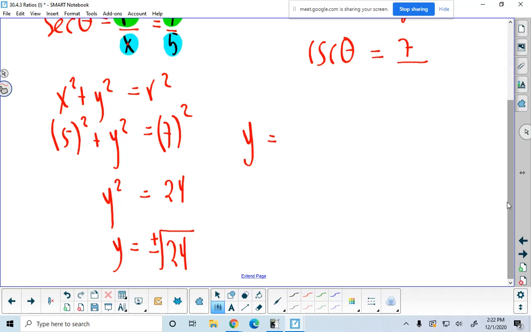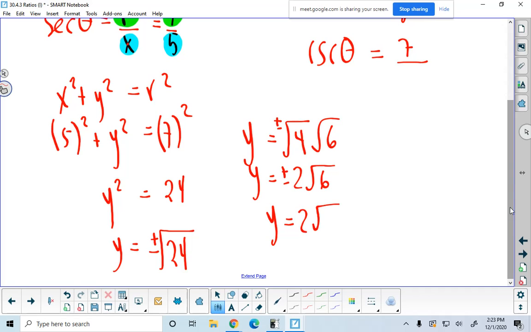So let's talk about that. Let's simplify root 24, by the way. 24 is 4 times 6, which means y is equal to plus or minus 2 root 6. I'm doing a grade 10 mixed radical thing. Okay, y equals 2 root 6 versus y equals negative 2 root 6.